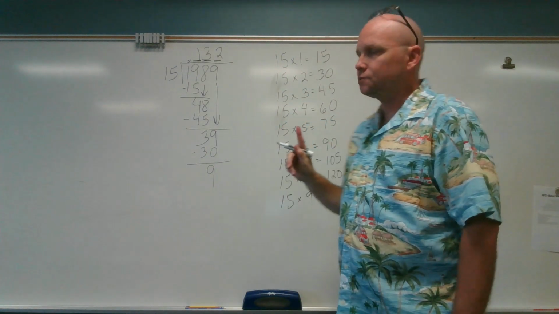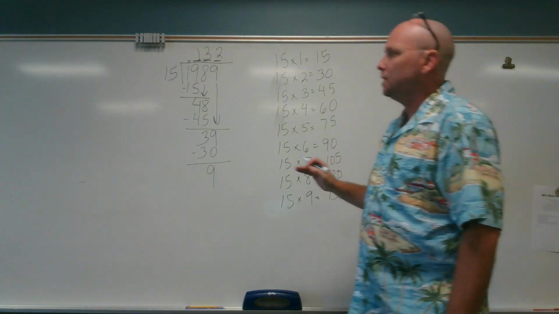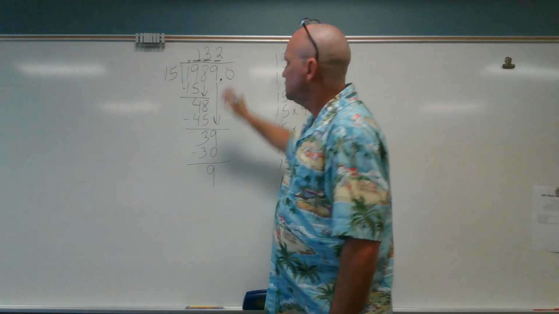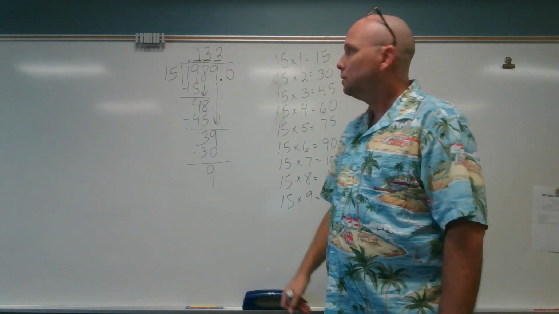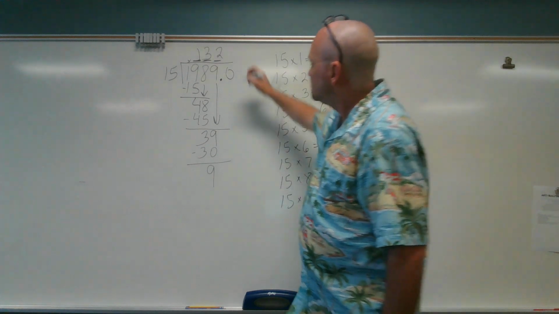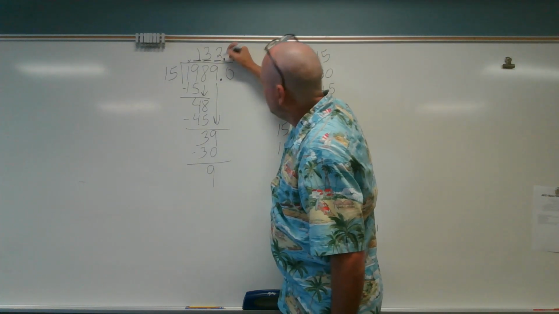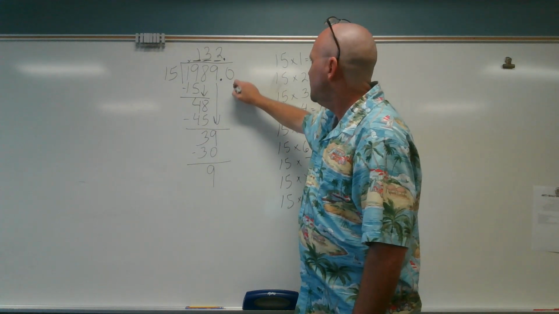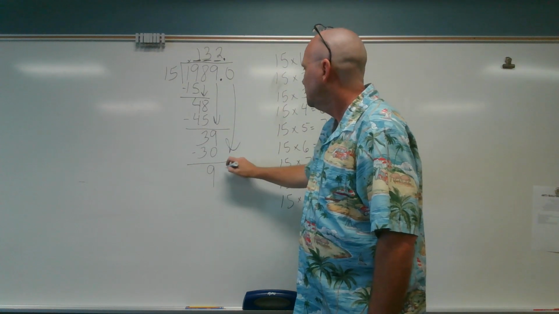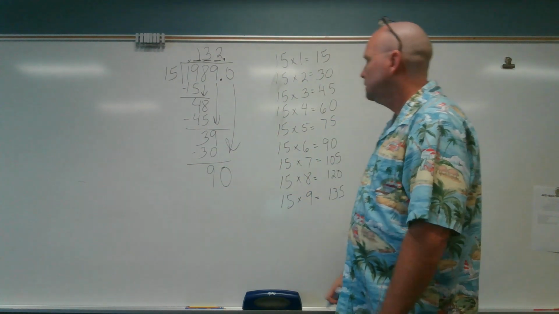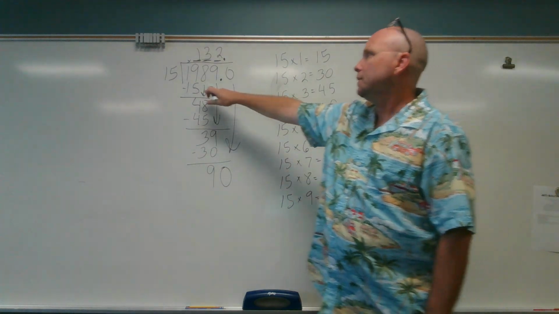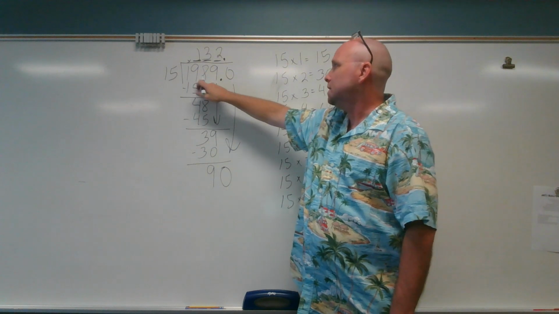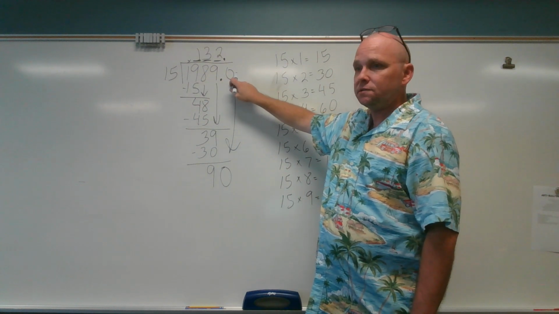But let me show you what else we could do. 1,989 is the same as 1,989.0, so I could move my decimal point up there and bring down my 0, because I didn't change the value. That'd be like $1,989 or $1,989.0.